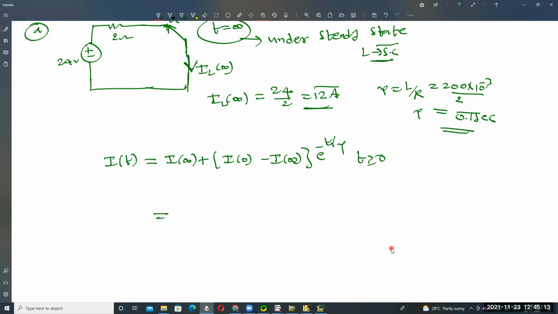Here I of infinity is 12, I of 0 is minus 8, and e power minus t by the time constant, which is 0.1 second.